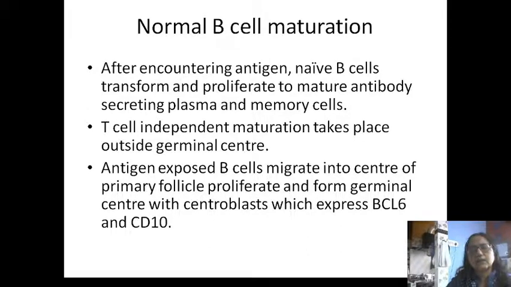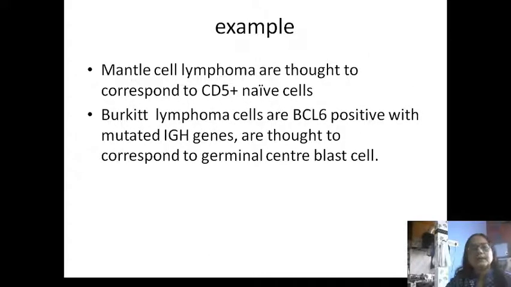These are all the various stages of differentiation of the same B lymphocyte. Now coming to examples like mantle cell lymphoma, these correspond to the CD5 naive cells, that is they are clonal proliferation of the CD5 naive cells. Burkitt's lymphoma, here there is clonal proliferation of BCL6 positive cells which correspond to the germinal center blast cells.